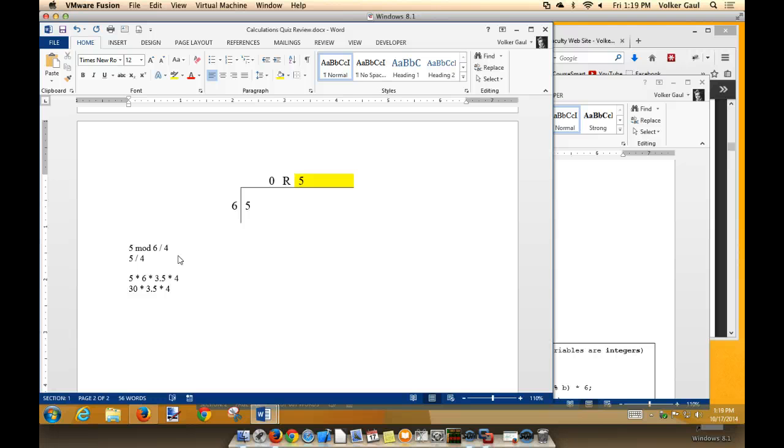And then what gets done next? Now I multiply 30 times 3.5. I'm going to get a double, right? Even if there wasn't a half there, I'd still get a double, because that's 90 plus 15 is 105. No, it's 105.0 at this stage, times 4. Then I get 420.0.